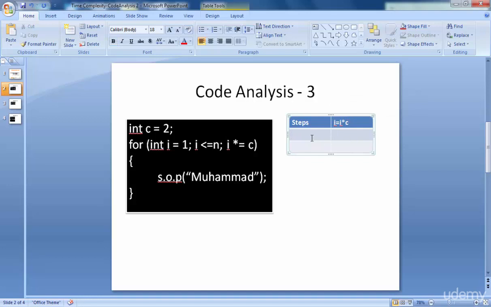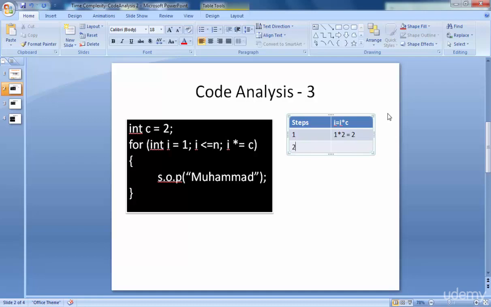Okay, so on step 1, the value of I is 1, so 1 multiplied by 2, the resultant is 2.